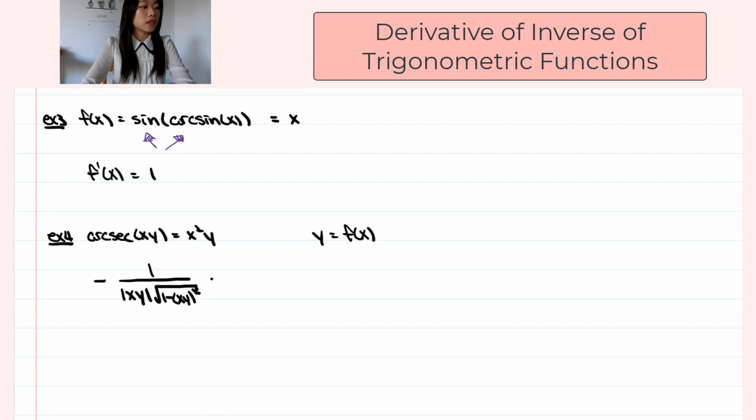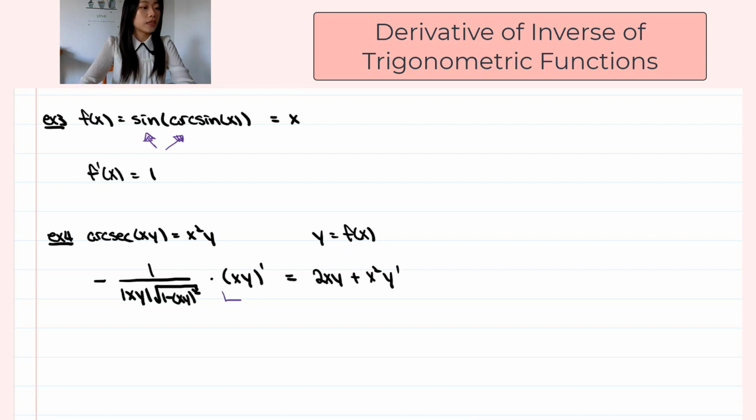Multiply this by the derivative of x times y. And this equals derivative of x squared times y. We use the product rule here. We get 2x times y plus x squared times y prime.